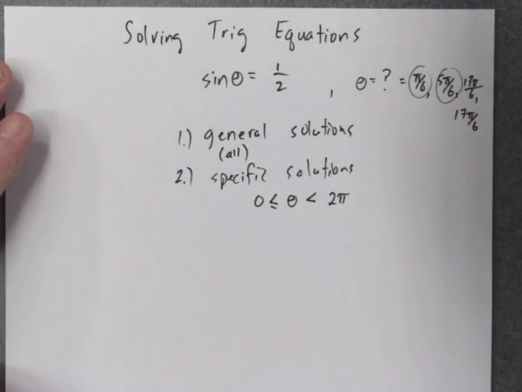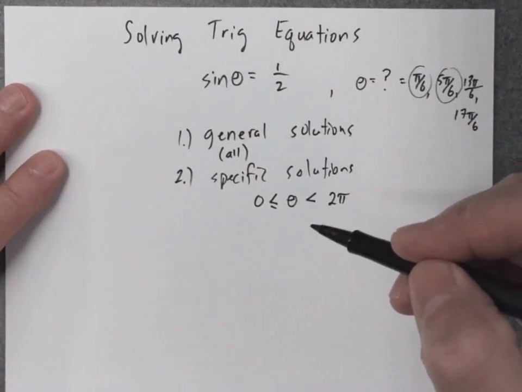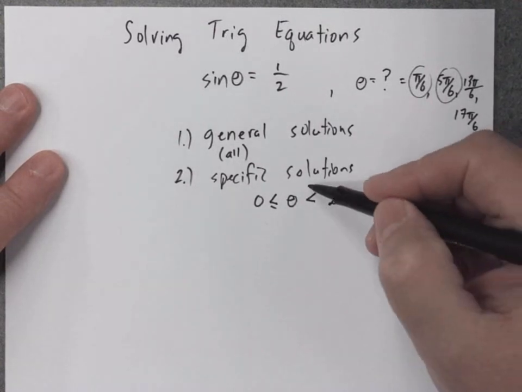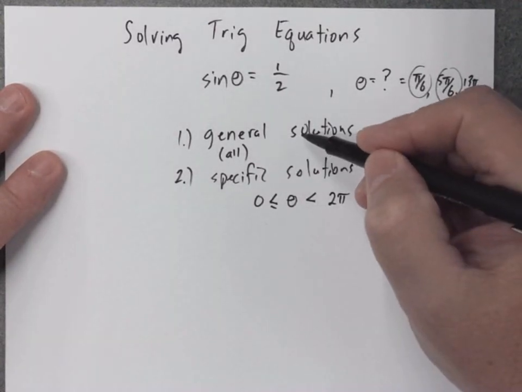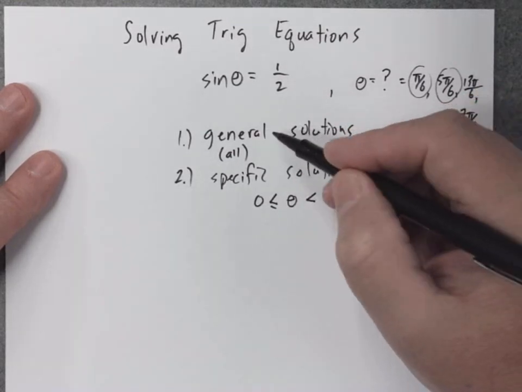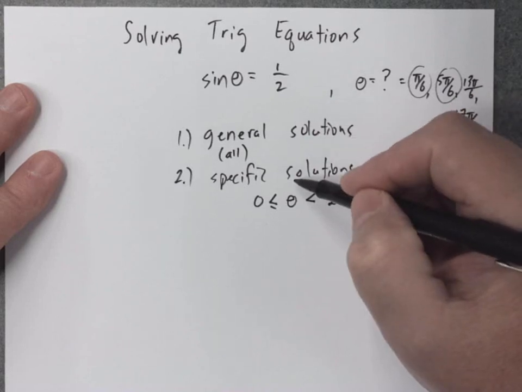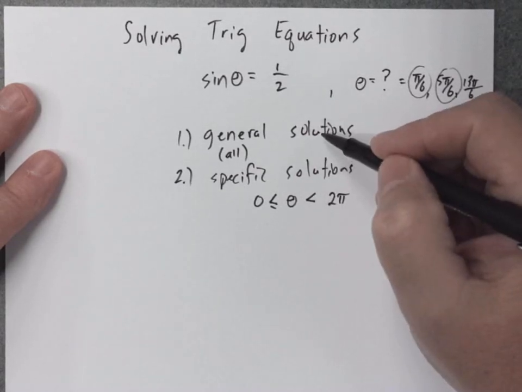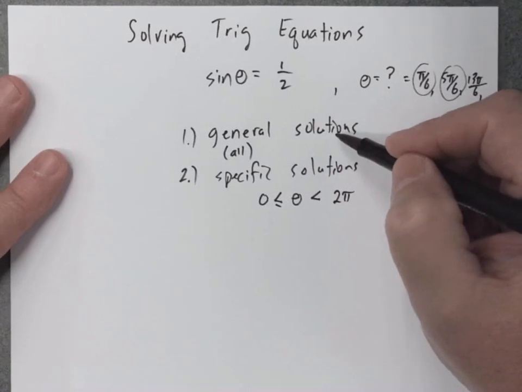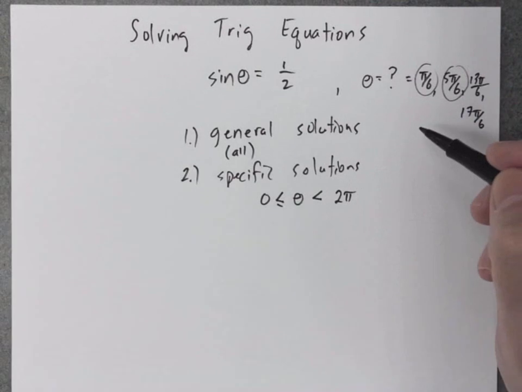There's going to be some problems later on where we're actually asked for a specific solution, but in order to get the correct answers, you have to still use the general solution as the first step. And once you determine the general solution, then you go determine the specific solution. So we need to understand what this general solution means, and then we can also understand specific solutions.